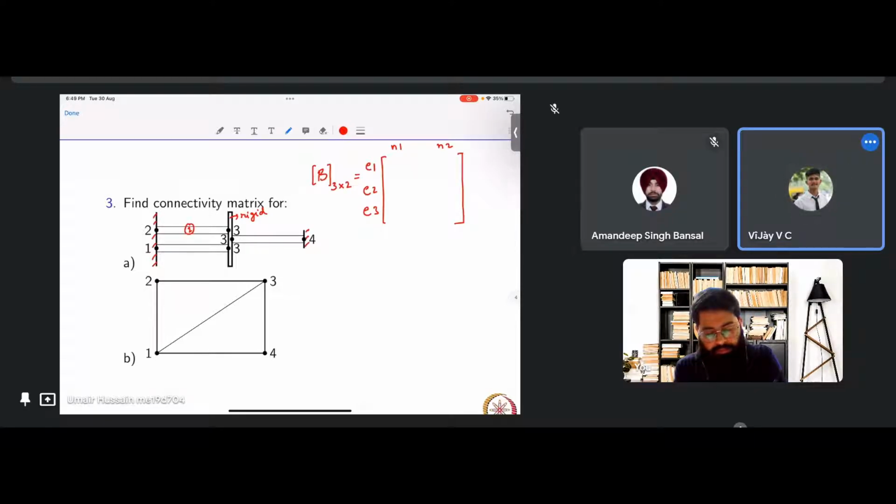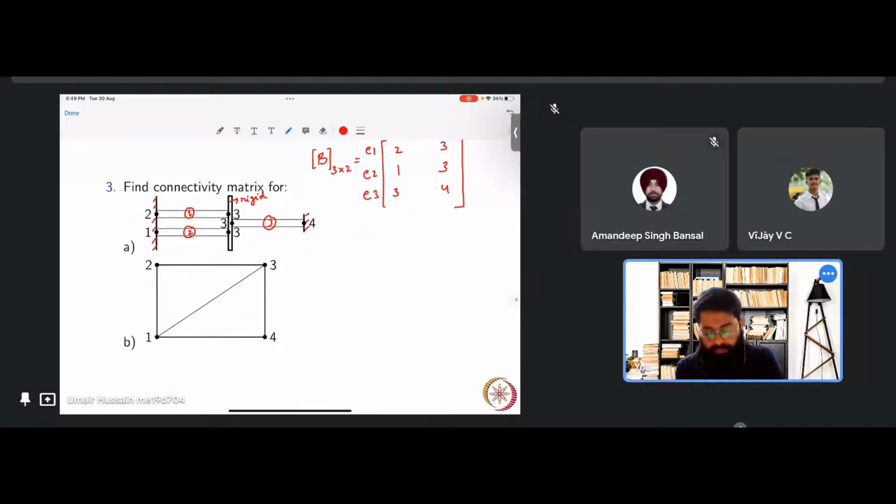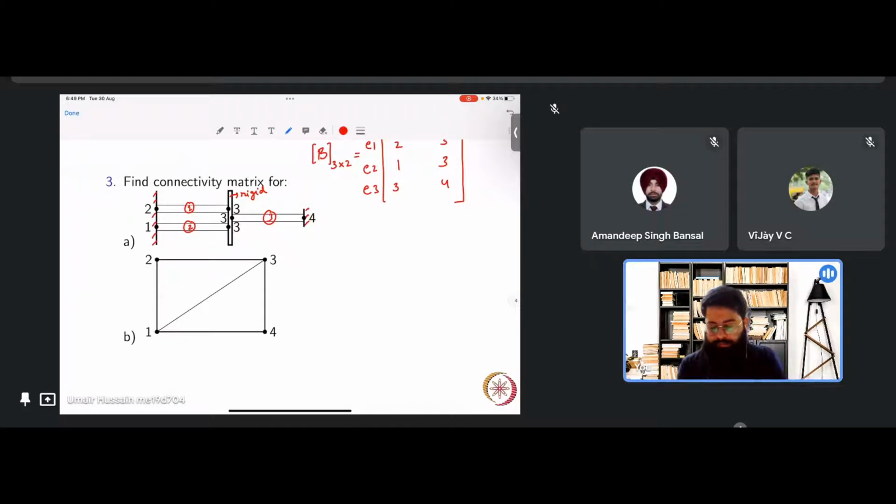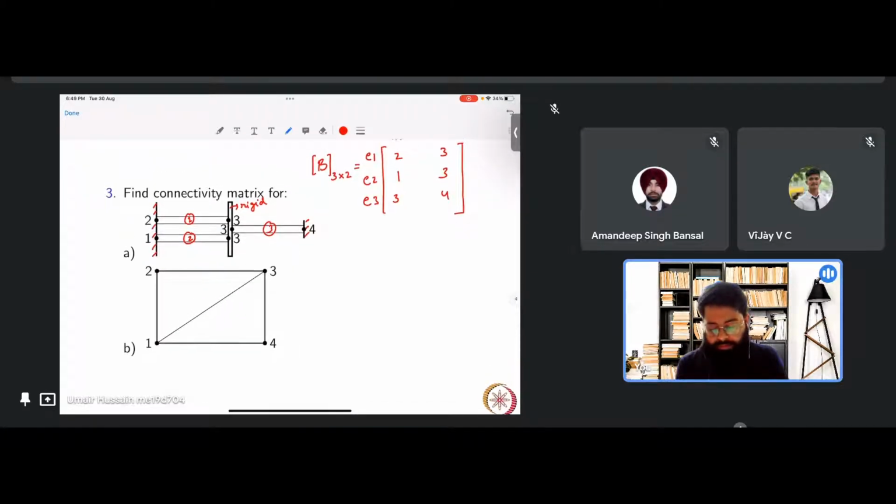And next, considering the bottom beam as the second element, one and three. Good. And for the third one, it is three and four, sir. Okay. Good. That's right. So yeah, we have this connectivity matrix for the system.